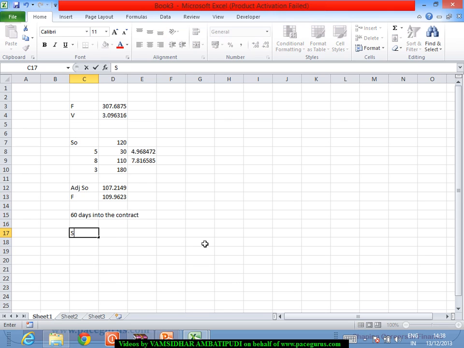Adjusting the spot price is nothing but whatever is the spot price minus the present value of the dividend. The dividend of 5 is already given, because it is given only after 30 days, but we have crossed 60 days, which means that 5 would have already been declared. But this 8 is still to be declared, but it will be done only within the next 50 days.